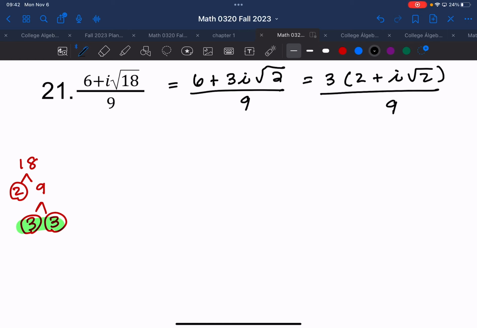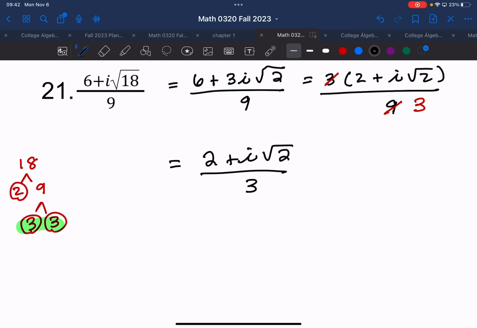Since I took out that GCF of a 3, can I cancel anything? 3 and 9, which would result in what on the bottom? 3. So I would have 2 plus i square roots of 2 all divided by 3.